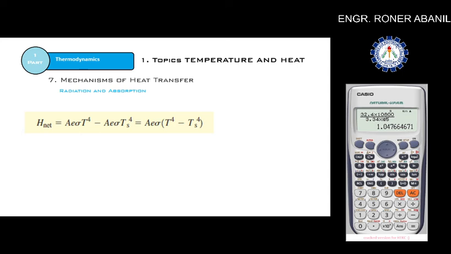For this to be true, the rate of absorption must be given by H equals A E sigma T^4. Then the net rate of radiation from the body at temperature T with the surroundings at temperature Ts is this formula.